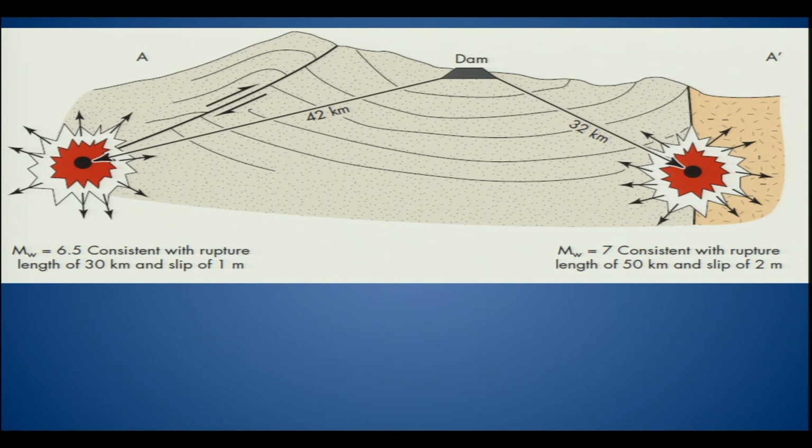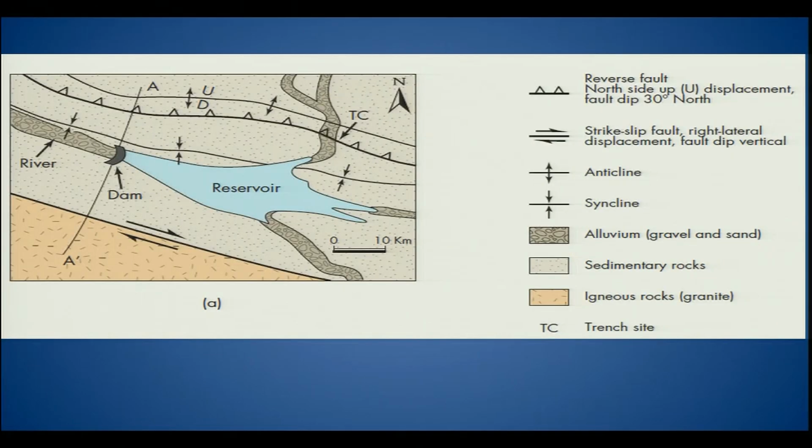Suppose, for example, the plan view shown here is a dam, and from that dam how far are the active faults located, and what are the different types of faults here? If you take this map, it shows two different types of faults located on either side, that is, on the north and south of this dam.